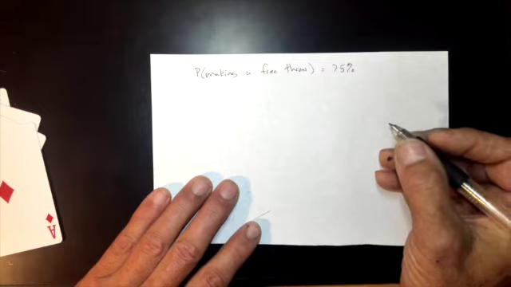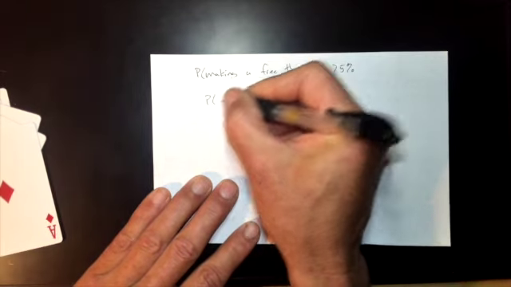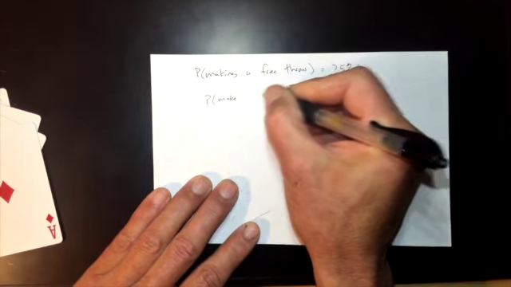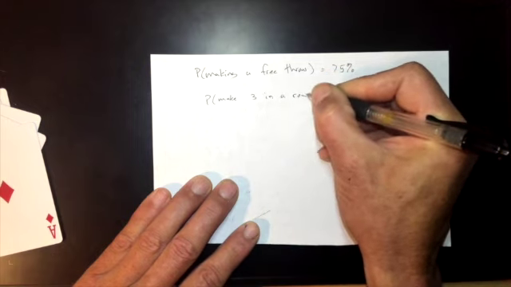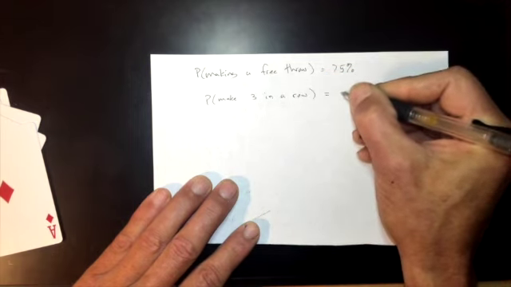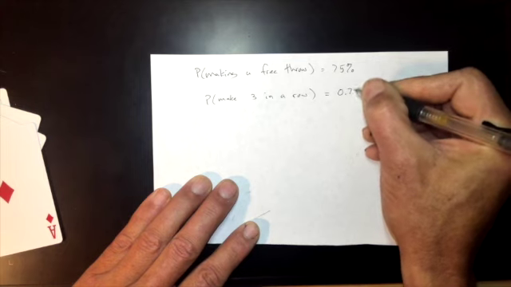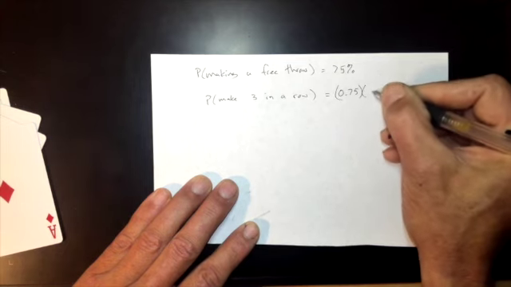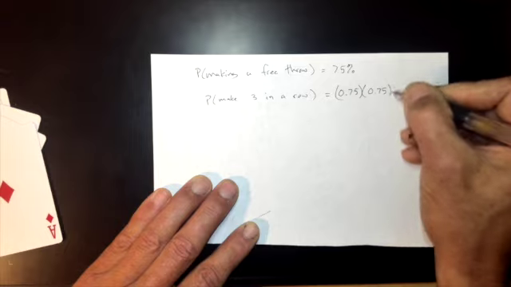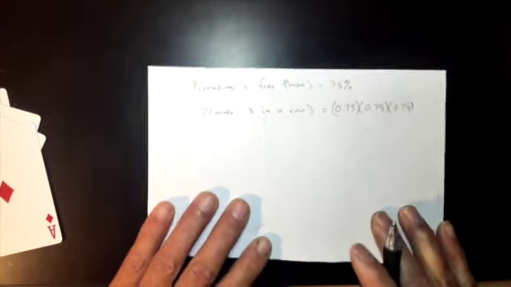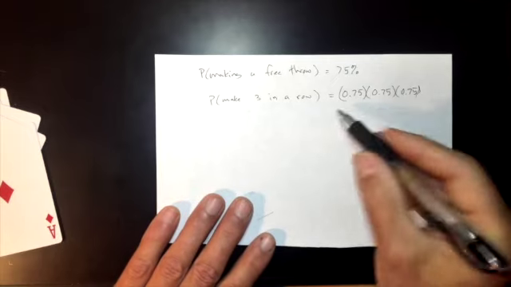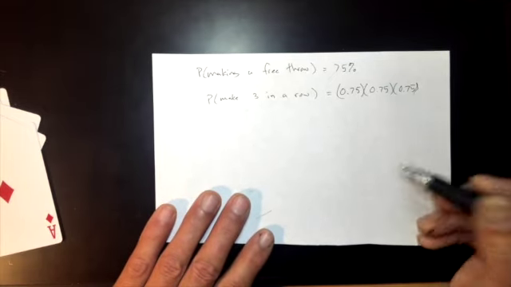If they are independent, we could say the probability of making 3 in a row, let's just do 3 in a row, would equal 75%, which is 0.75, times another 0.75, times another 0.75. You have to make all 3 of them in a row, so you'd multiply that out, and whatever that is would be your probability.